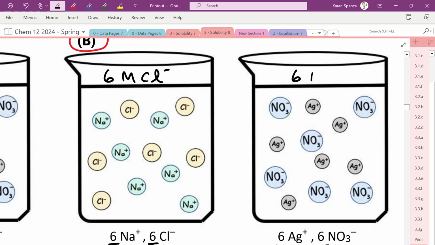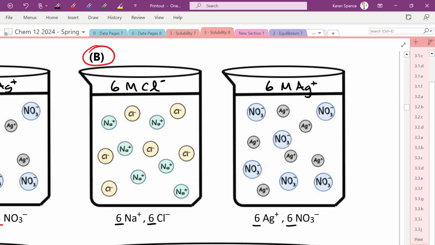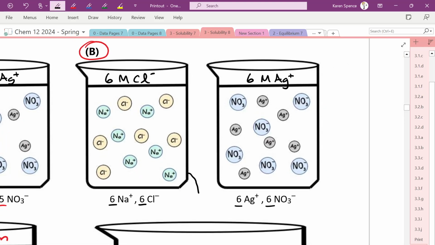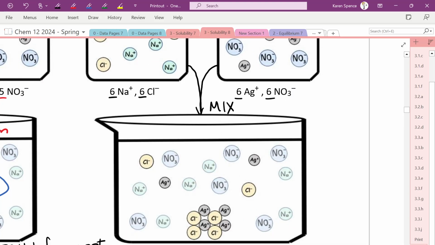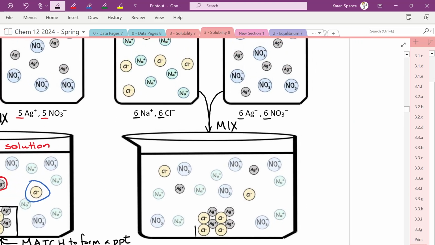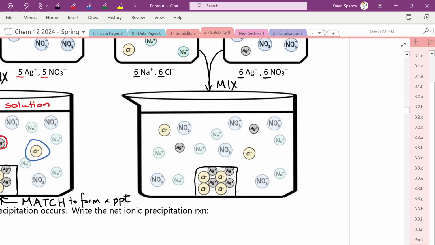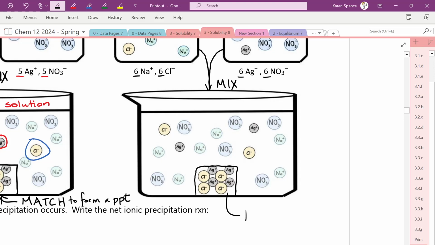So we have 6 molar silver. We are going to mix those together. And you'll notice, oh, what did we get? We got some solid. The silver and the chloride matched to form a precipitate.